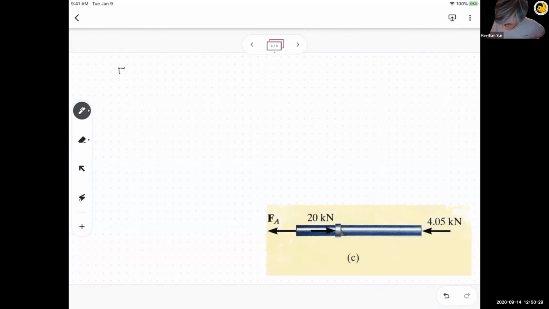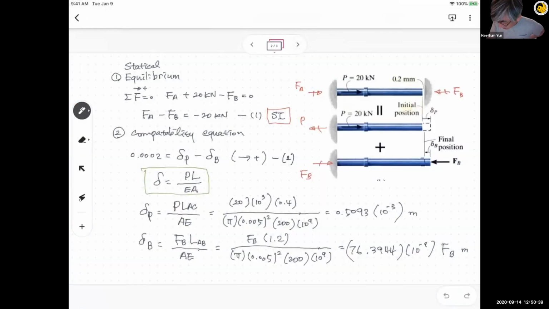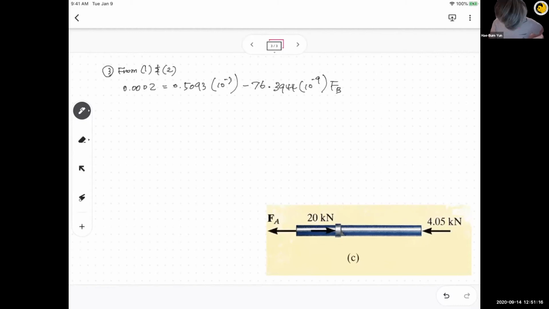So from equation 1 and 2, 0.0002 is equal to 0.5093 times 10 to the minus 3 minus 76.3944 times 10 to the minus 9 FB, and we had one more equation, right?